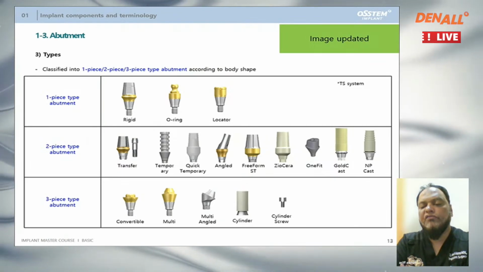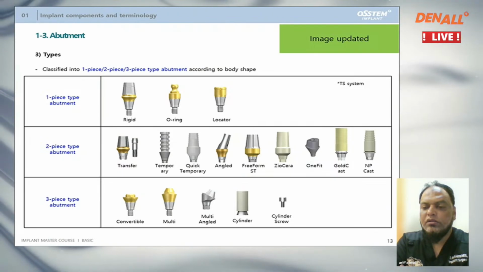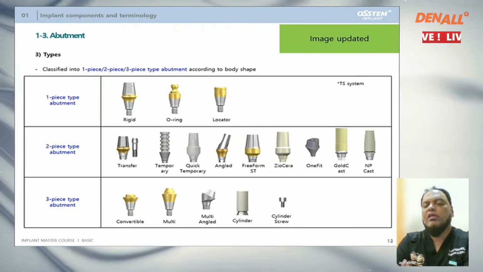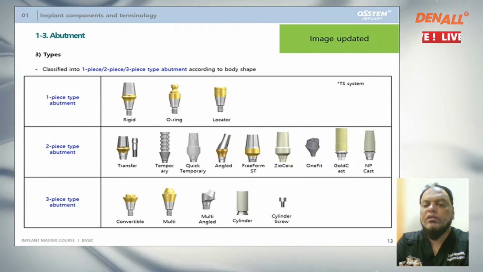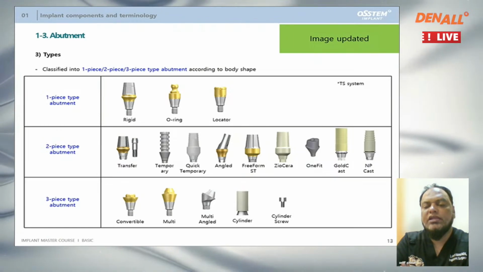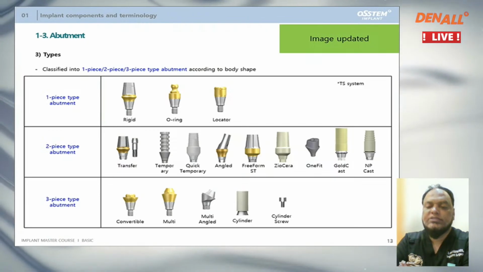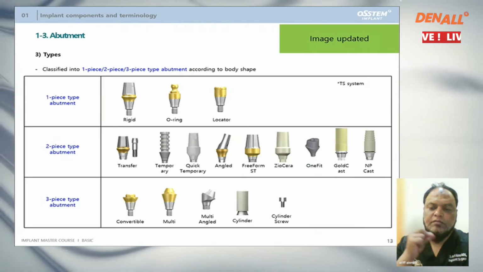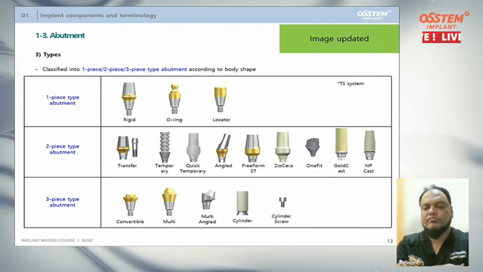Once you start gaining confidence and you are well aware that there is very good bone, with the length, everything falling in place, then you can start doing flapless. Or you can start doing digital dentistry, which is taking off very fast, with delivery of the crown within an hour.